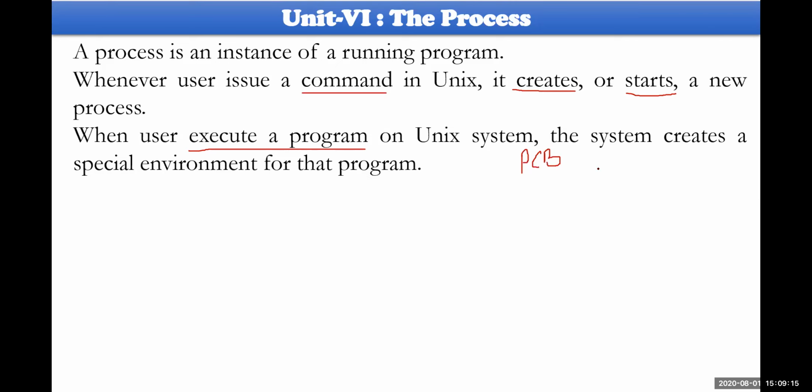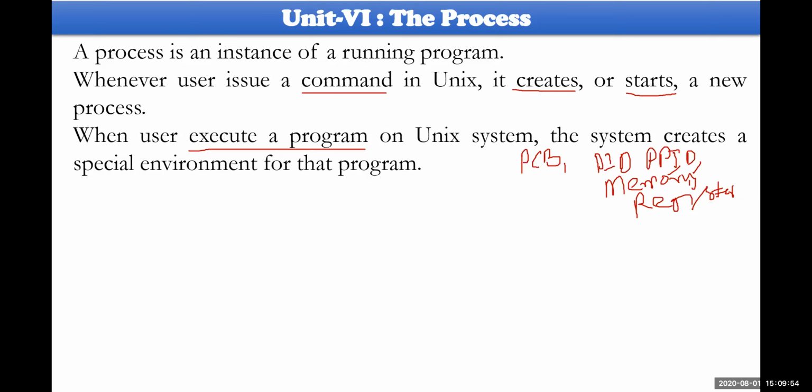This PCB has many items: the process ID, the parent process ID, and the memory locations, from which place to which place that particular process is allocated in main memory. Then there are the registers used to execute that particular process. This environment will be created by the Unix or Linux operating system.